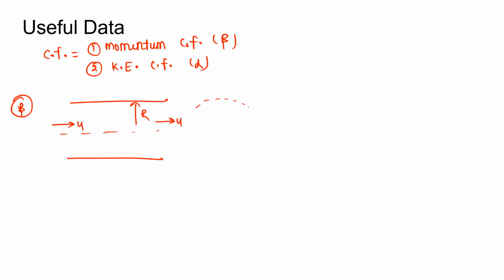If we take the projection of the pipe this way, we take a small area inside, let's say with thickness dr, where the inner radius is small r and the outer radius is capital R. Now the laminar flow through a circular pipe can be written as the velocity u equals minus 1 upon 4 mu del p upon del x into R square minus small r square.